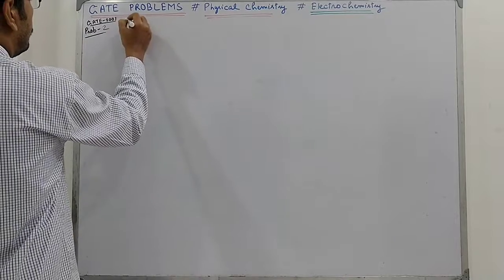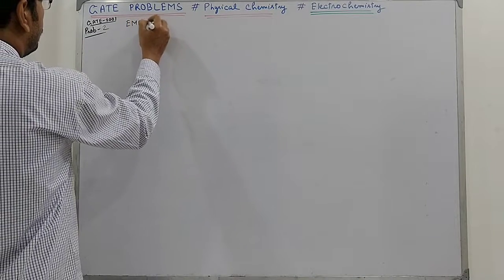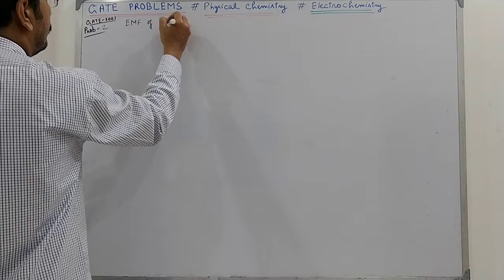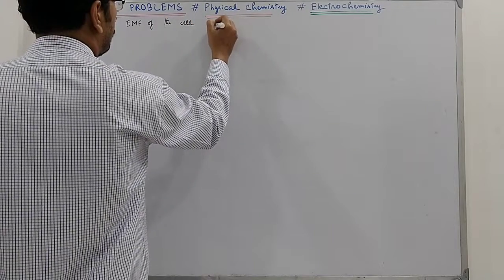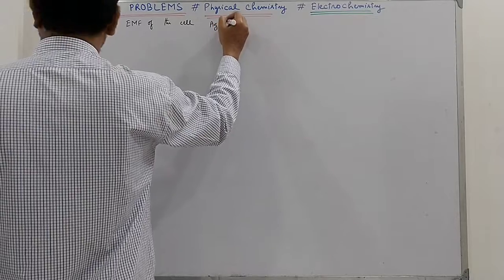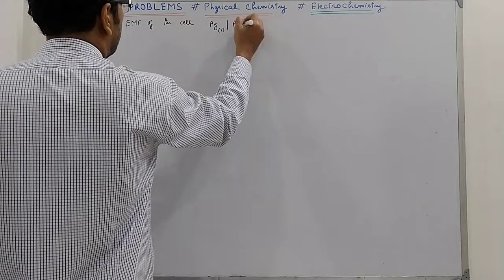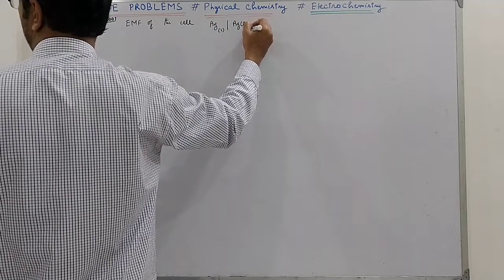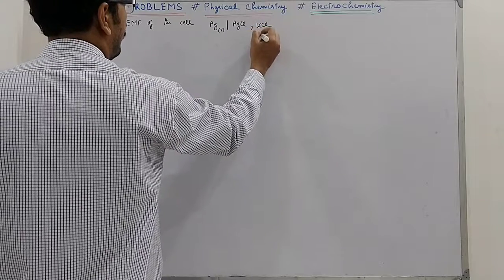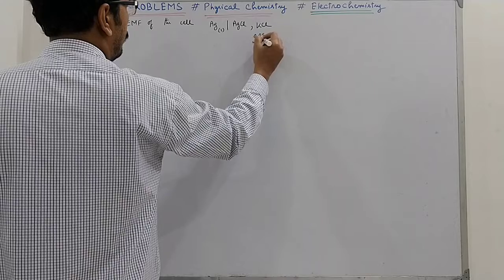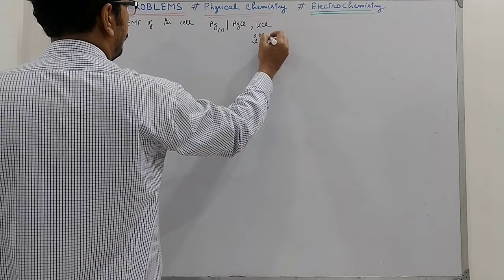The problem is: EMF of the cell Ag(s), AgCl, KCl, here it is given 0.05 mole per decimeter cube.